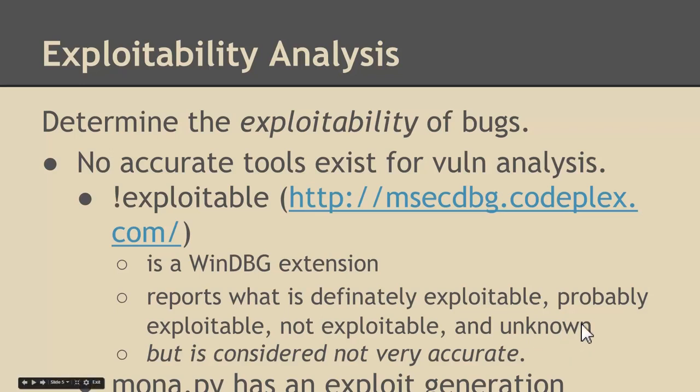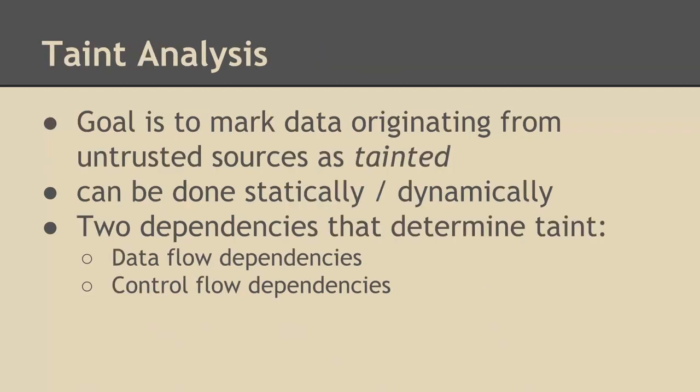But it's not very accurate. Mona.py also has some exploit generation capabilities to automate the generation of a payload that would exploit the potential vulnerability. But in order to do this precisely, that's where taint analysis comes in.